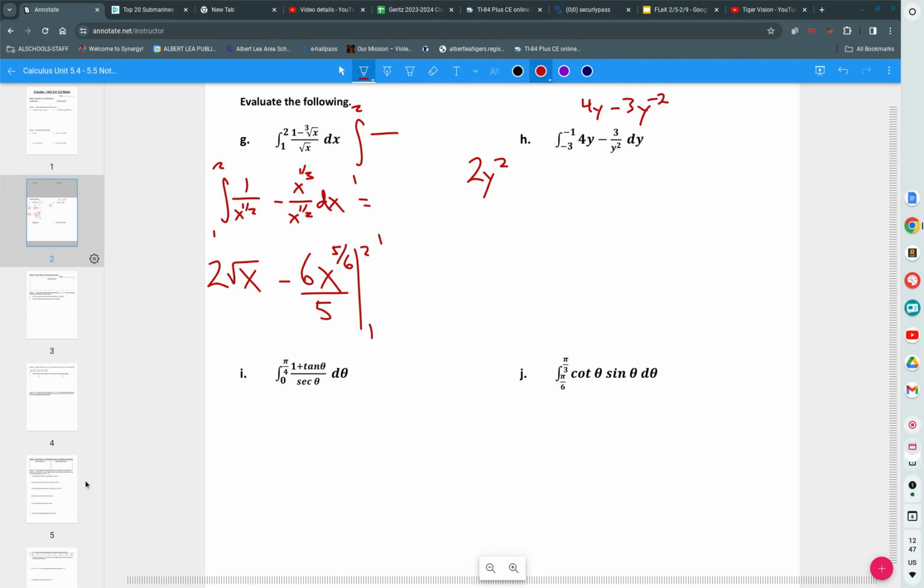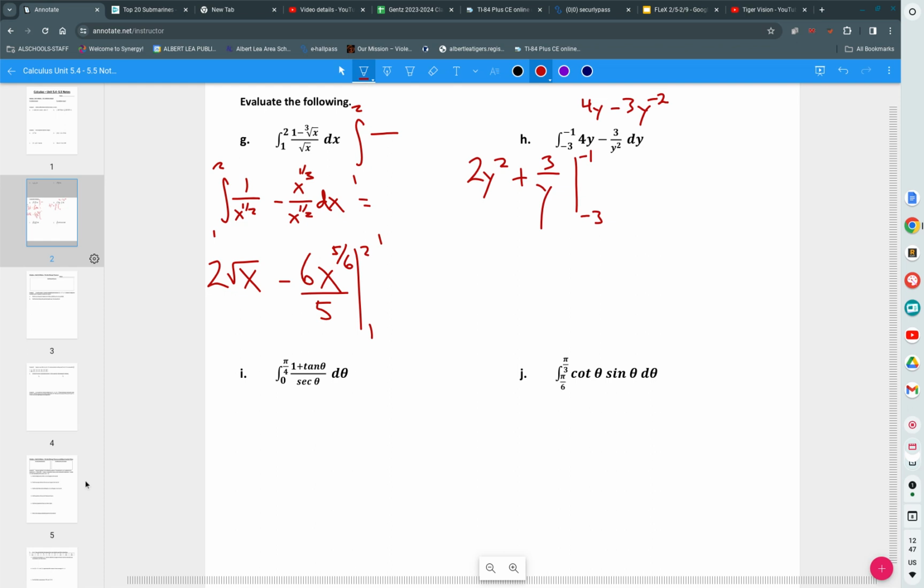The antiderivative of -3y to the -2, 3y. Why is it 3 over y? Because they're 2. And this is one that we can evaluate pretty easily by hand.